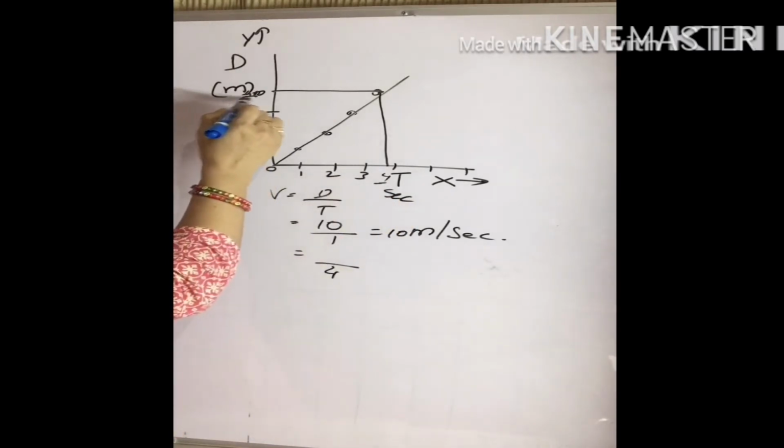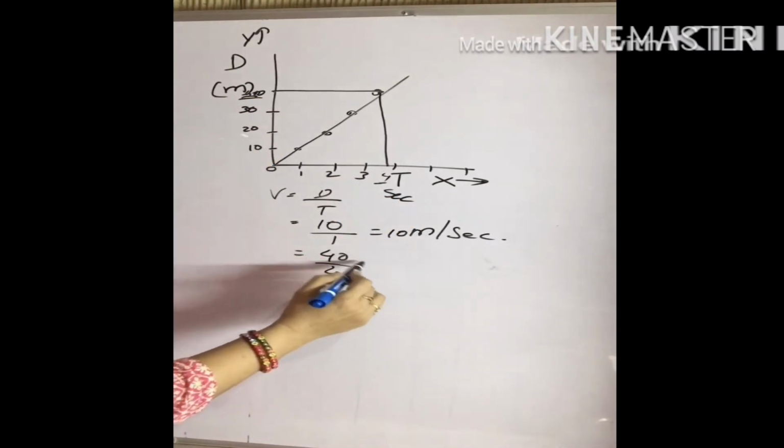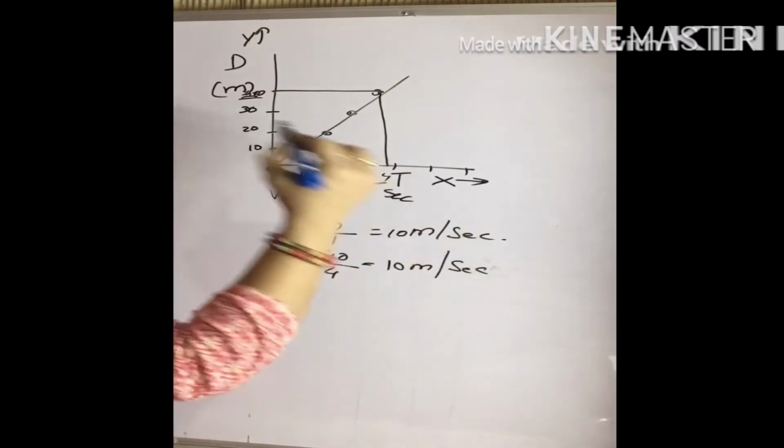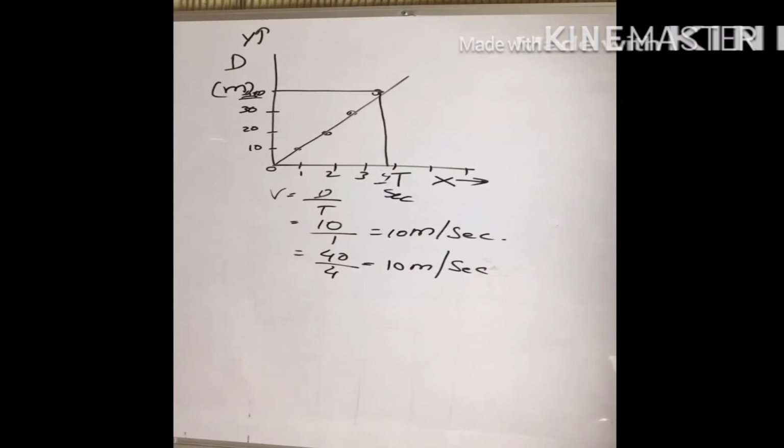And this is the distance covered, 40 meters. Here also we will get the velocity 10 meter per second. What does it mean? Wherever you calculate the velocity of this moving object, you will get the same answer, 10 meter per second. That means the body is moving with uniform speed or uniform velocity.